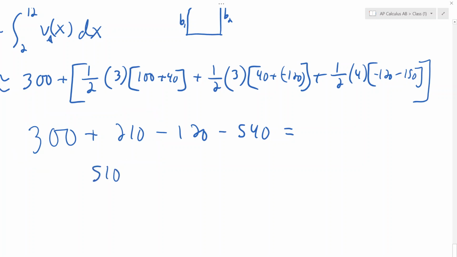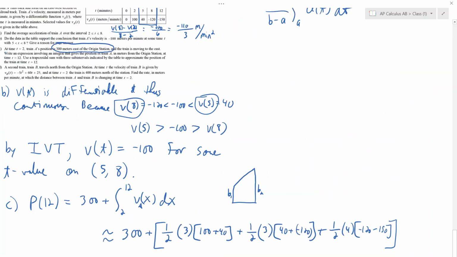I'm going to subtract off negative 540, which makes it, or add negative 540. Negative 30 plus negative 120 is negative 150. Is that okay? All that means is what? Remember, it started out east, now it is west of the station. Approximately 150.